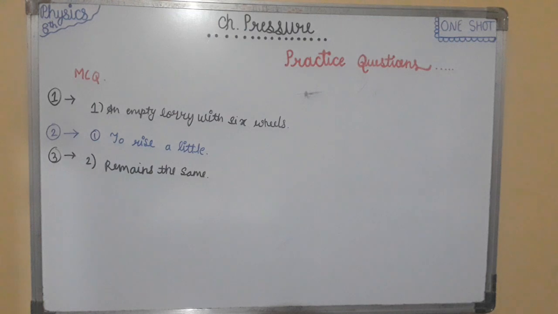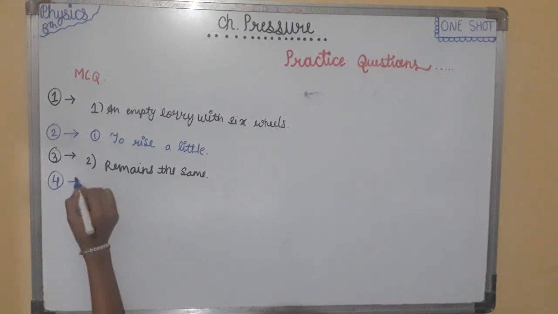Now the fourth question is, the same body is immersed in two liquids, A and B, in succession. The extent to which the body sinks in liquid B is less than in liquid A. What are the conclusions that could be derived from such an observation?